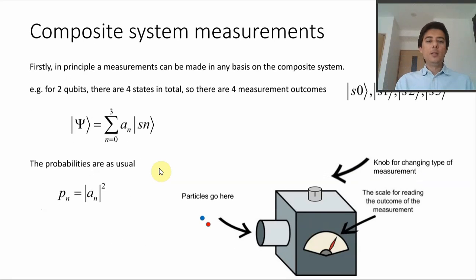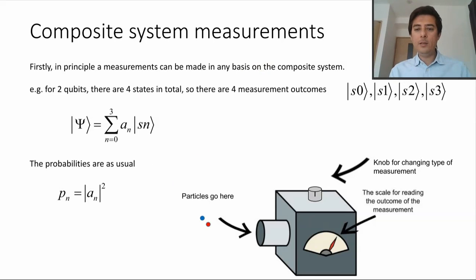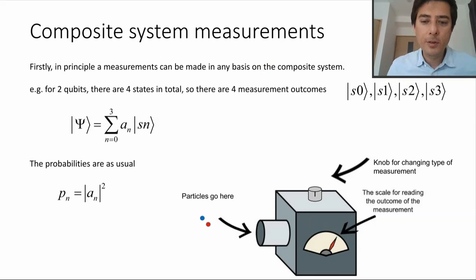Okay, so to show this, I first want to talk to you about how measurements actually work on composite systems. Basically, say I've got two particles. The two particles form some composite system, and now I'm going to do some measurement on it.